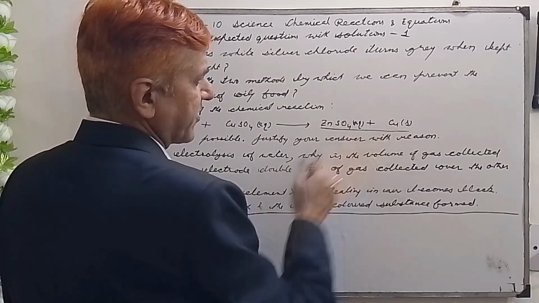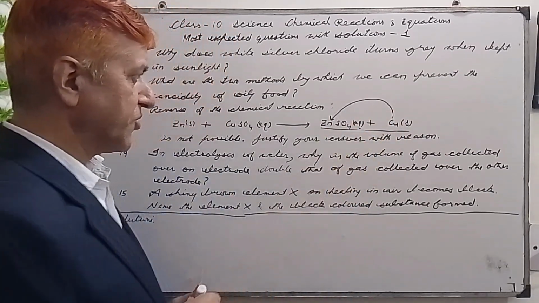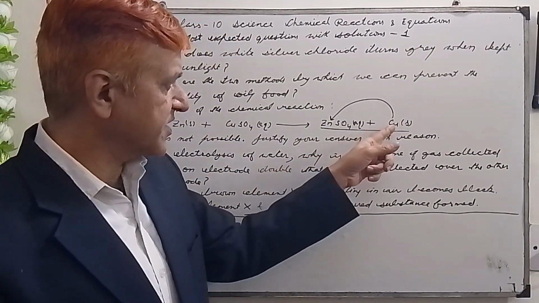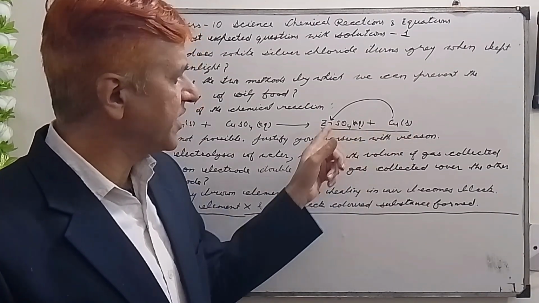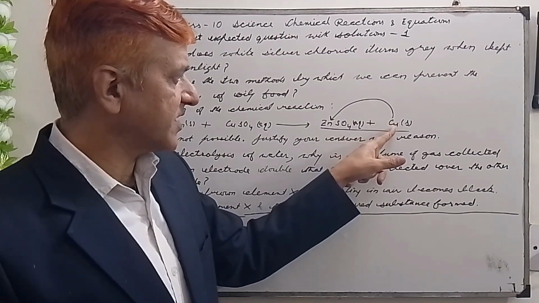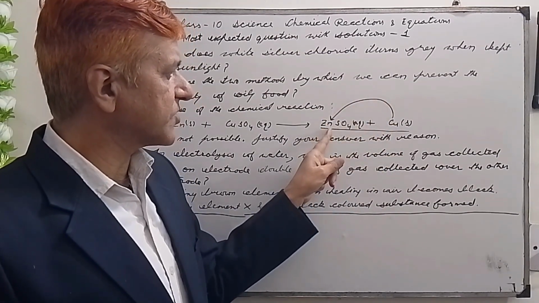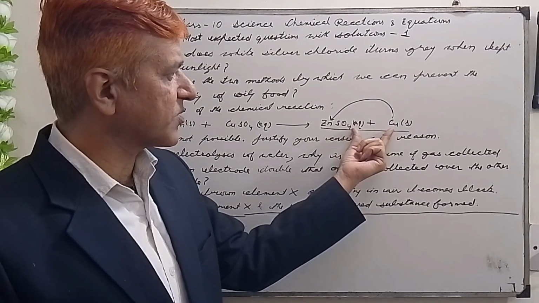Can copper displace zinc? No, copper cannot displace zinc, because copper comes below zinc. Copper is less reactive than zinc, so it cannot displace zinc. So the reverse of this reaction is not possible.